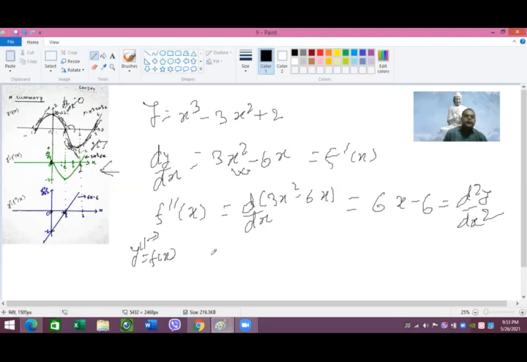So what does it conclude? That when dy by dx equals to 0, eventually the second order derivative is less than 0.